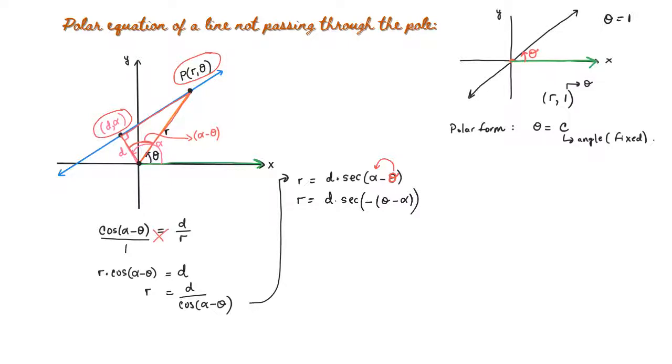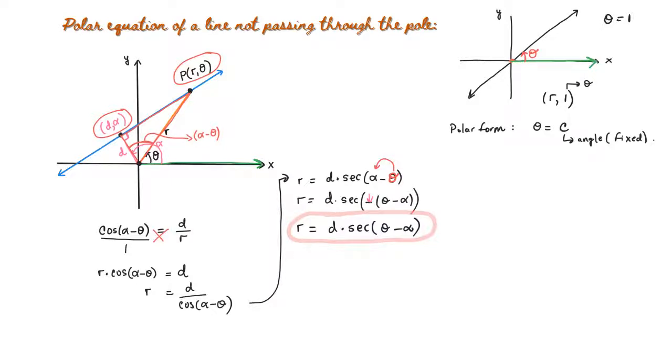So this negative right here practically disappears. So r is going to be equal to d times the secant of theta minus alpha. And we found the polar, oops, too big. We found the polar representation of the line.